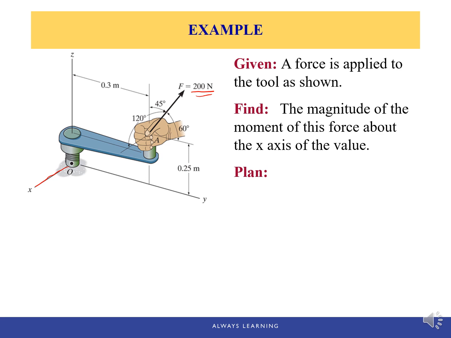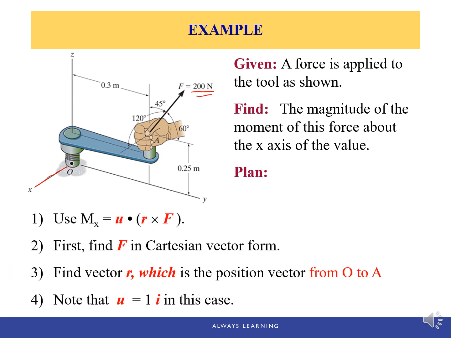So based on the steps we explained earlier, here is the approach we're going to take. To find the moment about an axis, we're going to use the triple scalar product, or the unit vector of the axis dot the moment of the force about a point. That means first we need to find the force F in Cartesian vector form in order to perform this cross product.